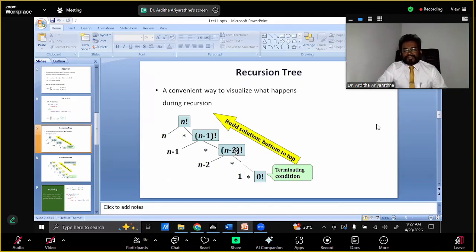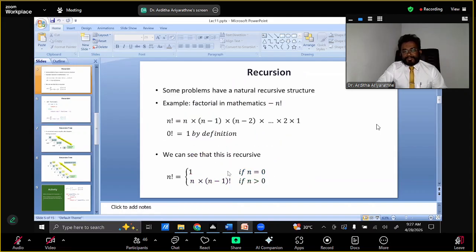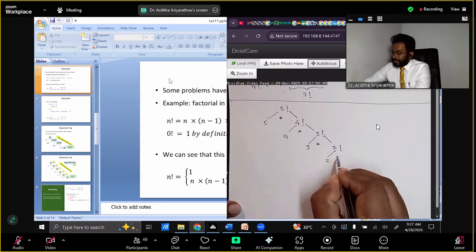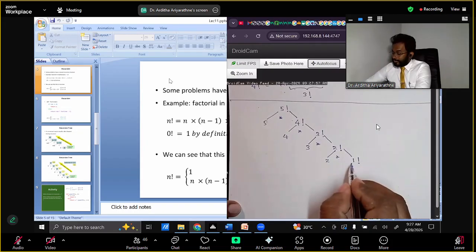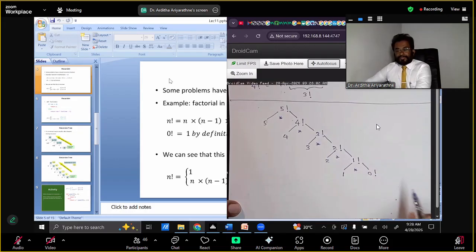So what is this basic level? If the value is equal to 0, then we know that factorial 0 is equal to 1. This is the basic level. In the very next level, I can write it as 2 multiplied by factorial 1, then 1 multiplied by factorial 0.